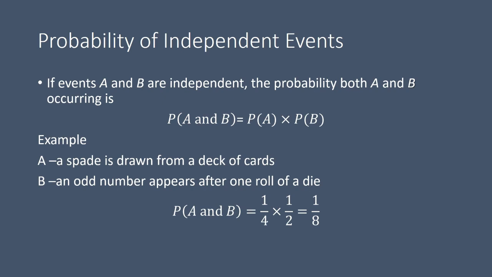It's P of A times P of B. P of A is equal to 1/4, because 1/4 of a deck of 52 cards is all spades, times the odd numbers in your die, which are 1, 3, and 5. So it's 3/6 or 1/2. So the probability that A and B will occur is equal to 1/4 times 1/2, which is equal to 1/8.